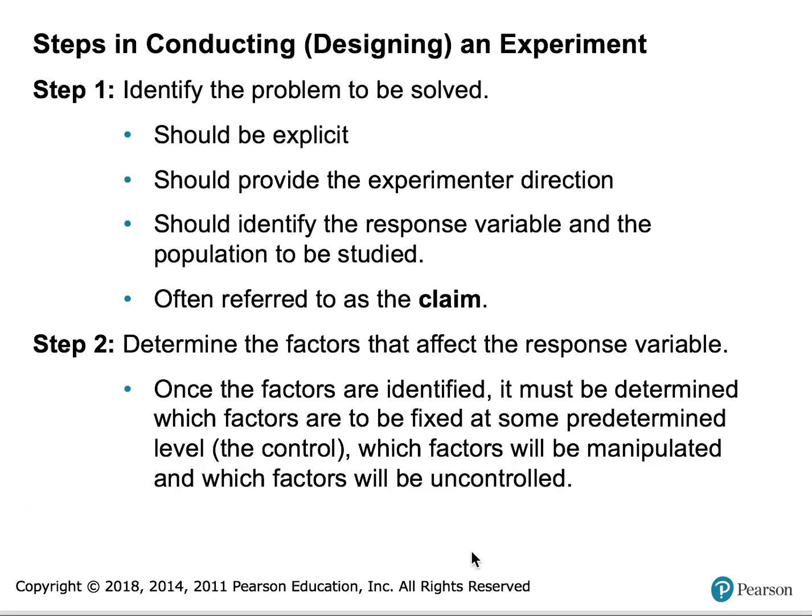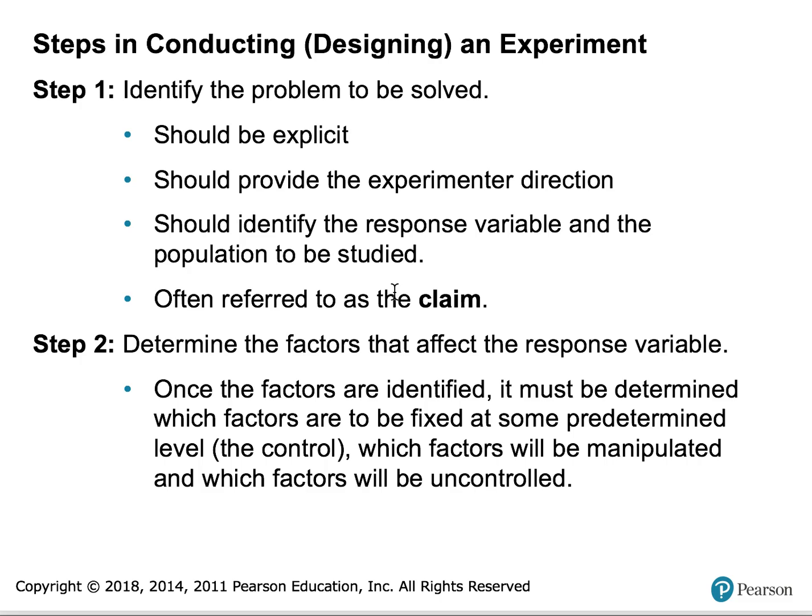Here are the steps in conducting an experiment. Step one, identify the problem to be solved. This should be explicit. It should provide the experimenter direction. It should identify the response variable and the population to be studied. And that's often referred to as the claim.